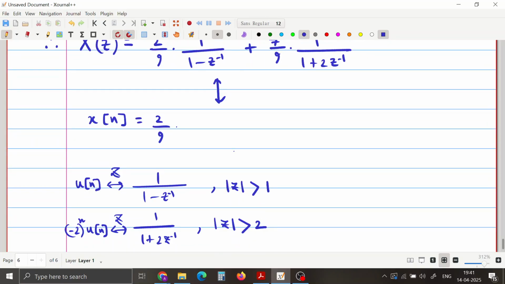And since I am using linearity and I have a combination of these two cases, I have to take the intersection of these two ROCs for the overall part. So combining these two, my ROC is mod z greater than 1 intersection mod z greater than 2, which is basically mod z greater than 2.